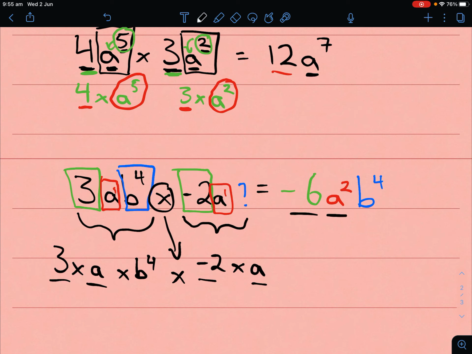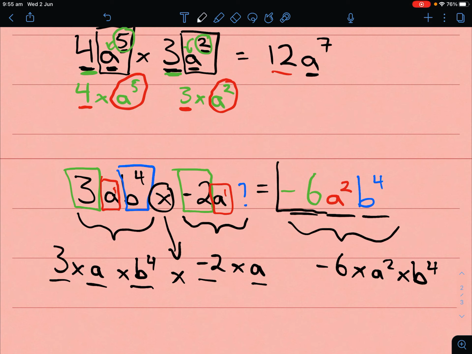We get a times a, which is a squared, and we get the b to the 4 at the end. And over here, this means minus 6 times a squared times b to the 4. So remember, in algebra we don't show the multiplication signs, and that's why we can just write it as minus 6 a squared b to the 4.